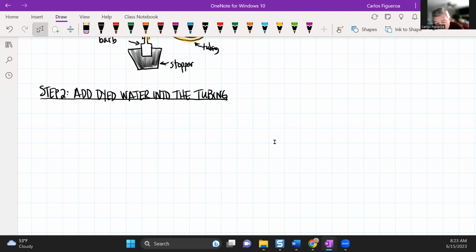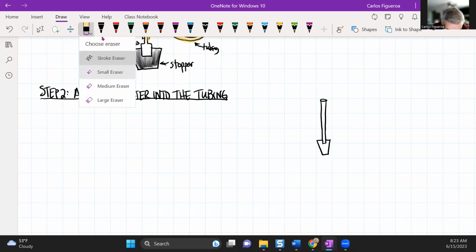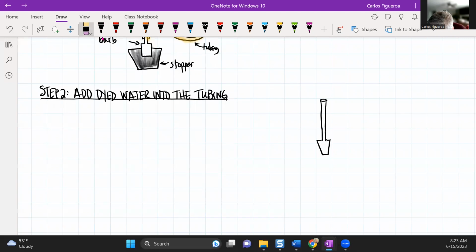What you're going to do is take my tubing, and it's connected to my stopper. I'm going to make this so that it stops right there. This guy is my stopper.